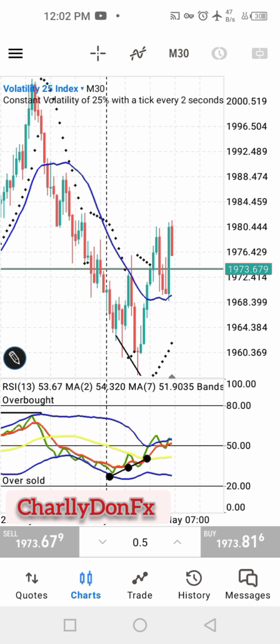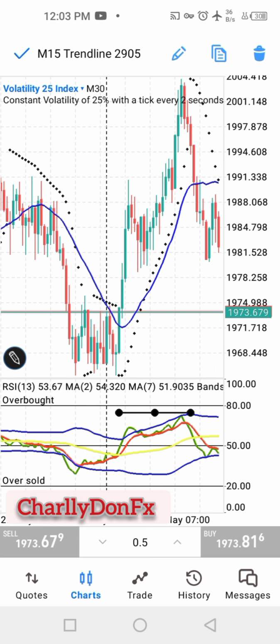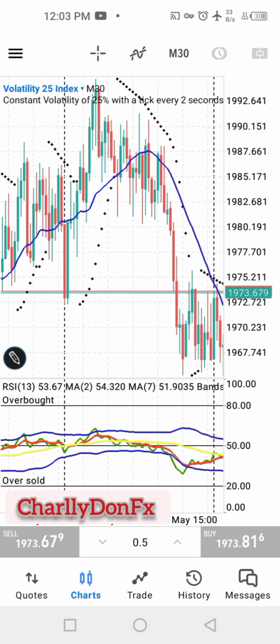This is our 30 minutes time frame. If you want to analyze, start from your 30 minutes time frame. Then you dance around, you move it the way you want. That's how it is, guys. Let's take all this off.